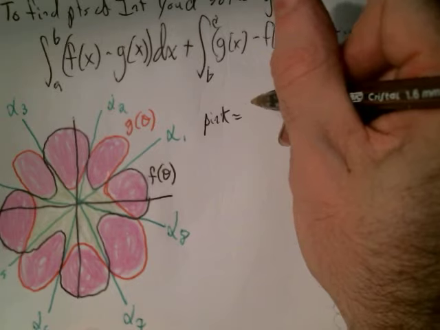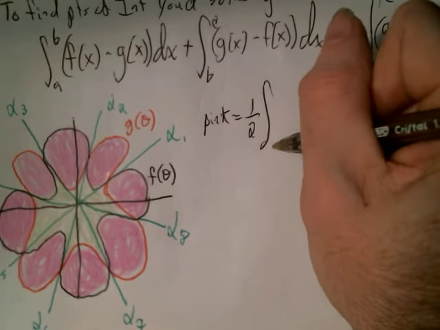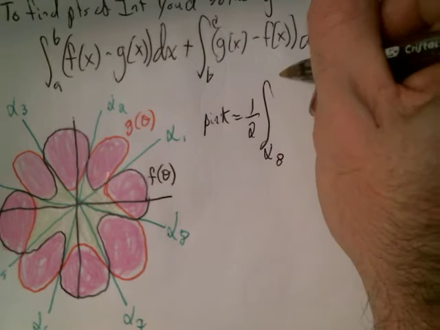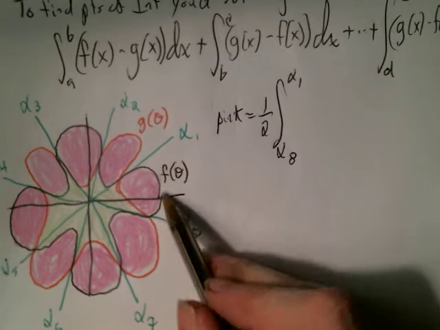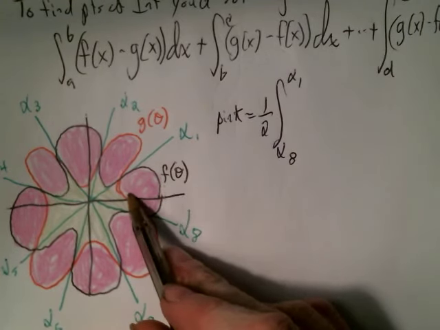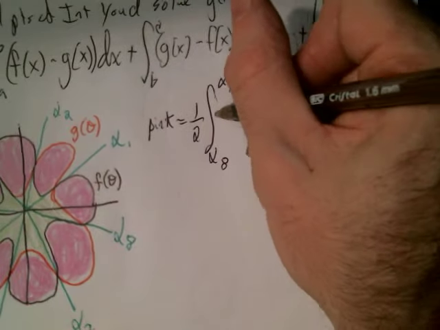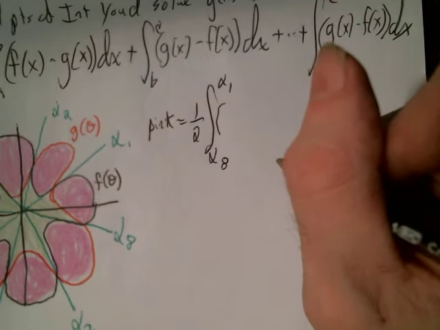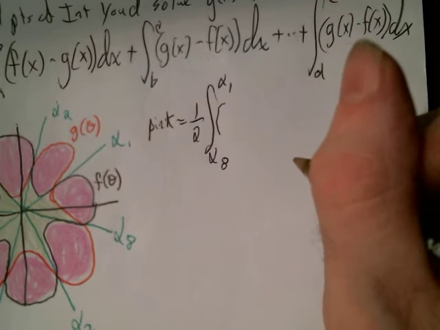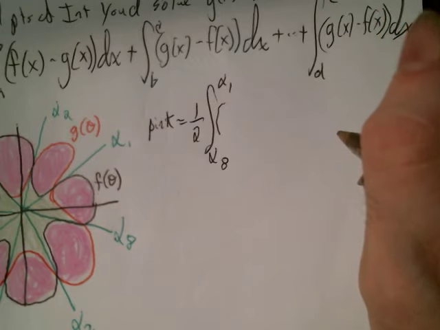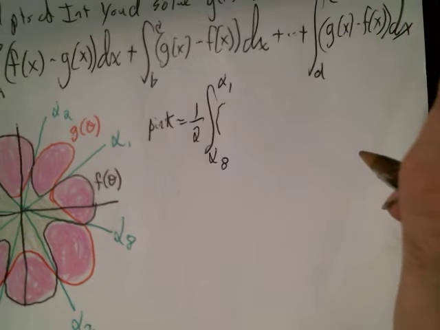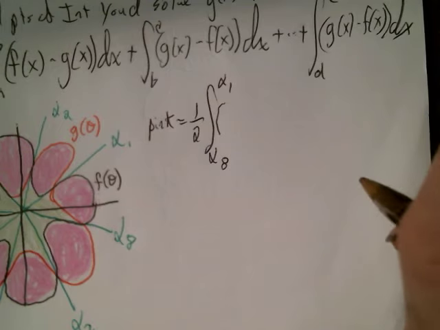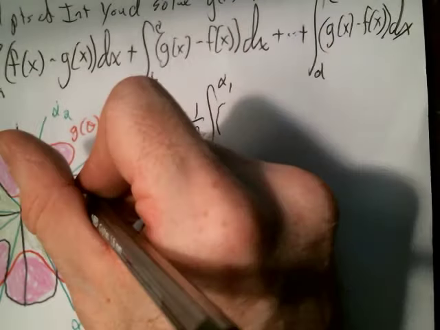The pink would be, of course, 1/2 times the integral from alpha 8 to alpha 1, and in this region, f of theta is on top of g of theta. So to get the pink region, you're going f of theta minus g of theta, and each one of these should be, of course, I don't have an example, so you're finding the area underneath one and then subtracting away the area.